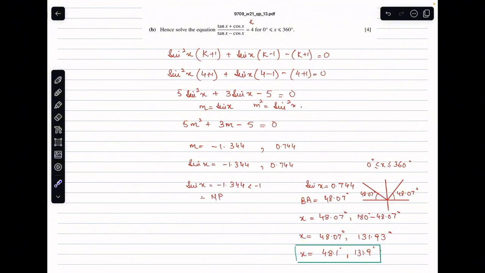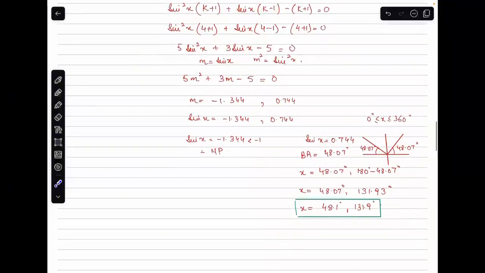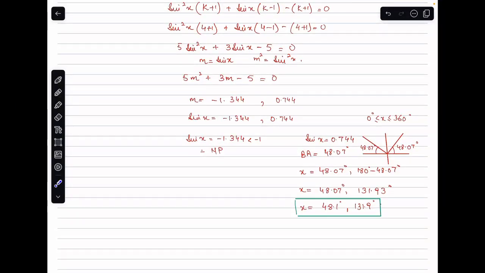Therefore, the general angle x shall be equal to 48.07 and 180 minus 48.07, or x equals 48.07 and 131.93, or rounding it off to one decimal place, this becomes 48.1 degrees and 131.9 degrees.